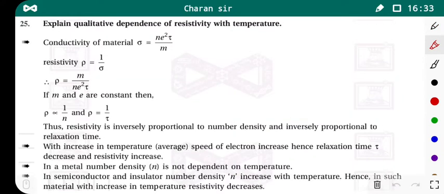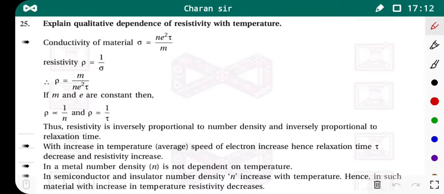So the first equation is your conductivity. From this equation you can say that the resistivity is given by m divided by n e square into tau.